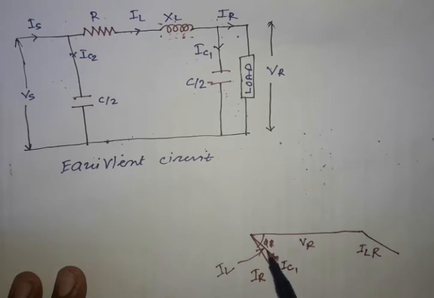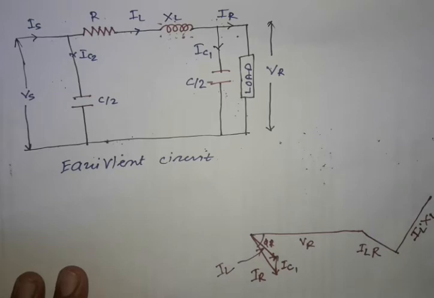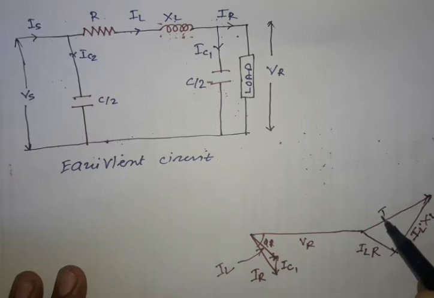So at 90 degrees to the current IL, which means a parallel line ILR, we draw a 90 degree line IL into XL, which is our inductive drop. So here are both lines ILR and ILXL, our impedance drop. The resultant of these lines, which is our impedance drop, is IL into Z. A total impedance drop is here.